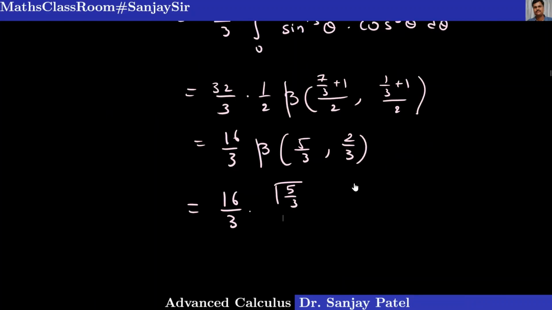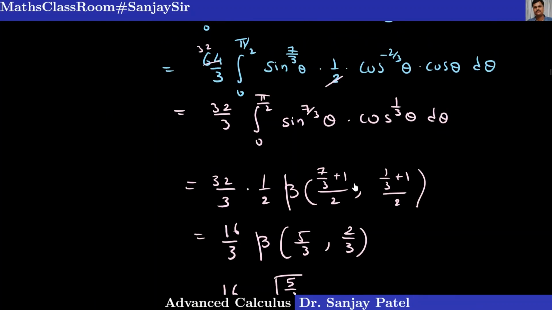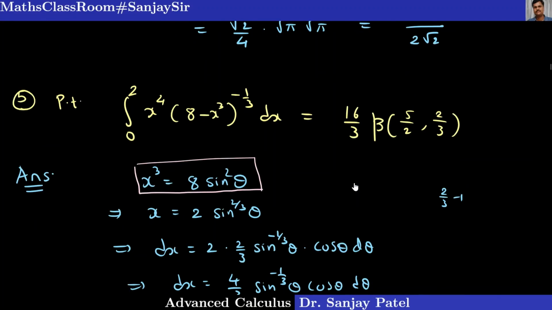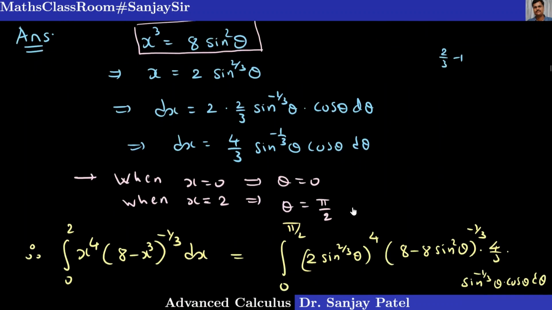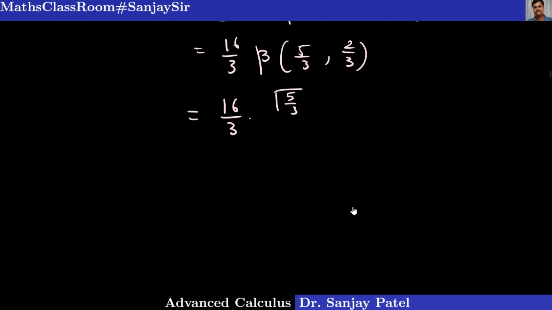Yes, 16 by 3 into 5 by, this is 3 actually, it is not 2, 5 by 3. So we have obtained our answer. So the result is proved. This is equal to RHS. So 16 by 3 into beta of 5 by 3 comma 2 by 3. This is RHS. Fine.